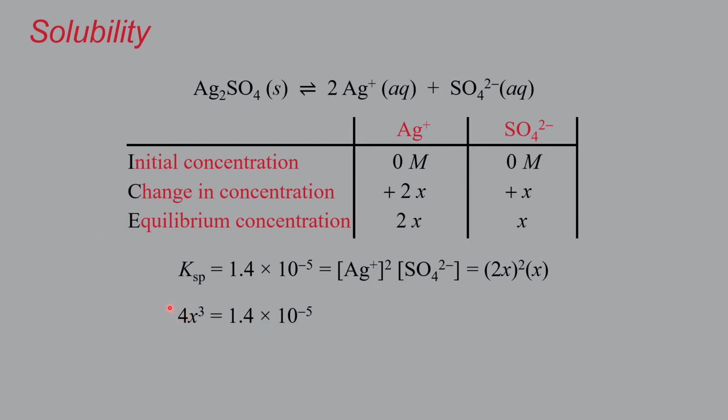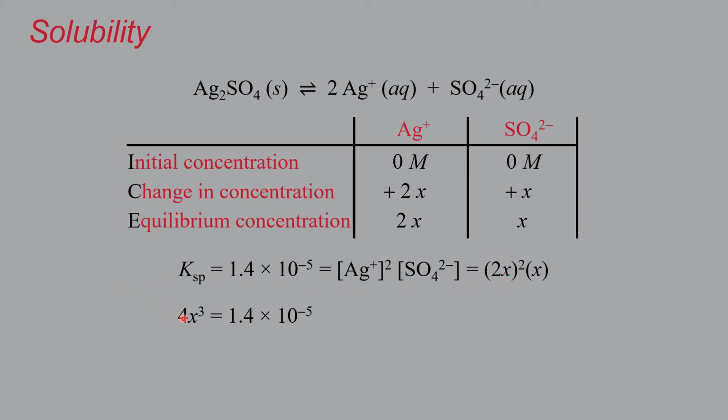Now this is a common mistake that I see, so please be sure to apply the square to both the x and the 2. Very commonly I would see this evaluated as 2x cubed, which is not correct. Or they'd square the 2 but not the x as well. So be mindful of that.